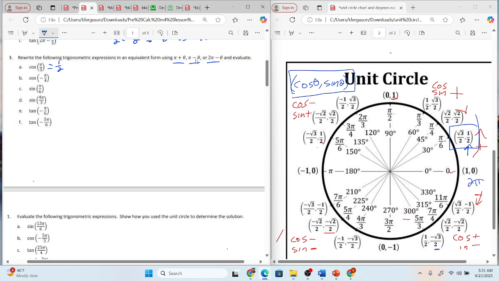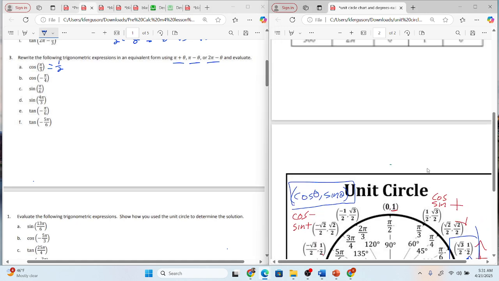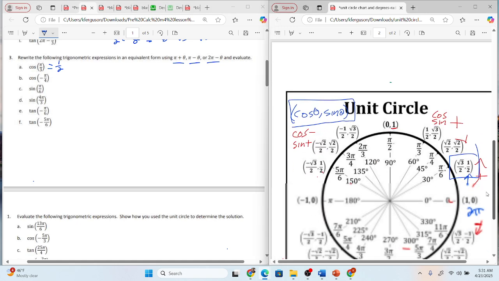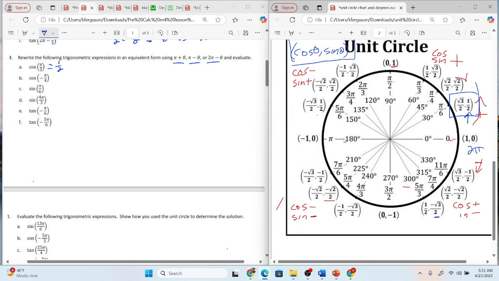Pi minus theta, so that's 180 minus 60. That puts us at 120. Does that give us positive 1/2? Nope. And then finally, 2 pi minus theta. So 2 pi puts me at 360 degrees, and then I subtract the 60 degrees.